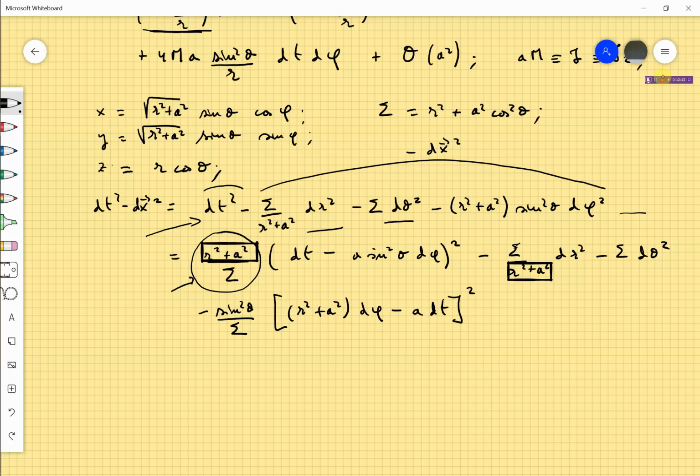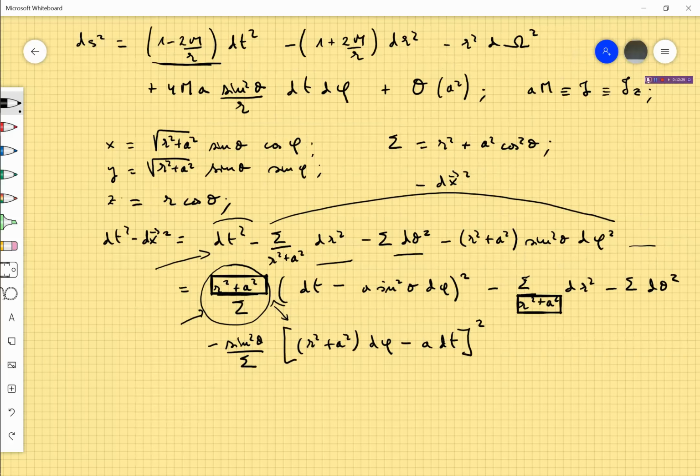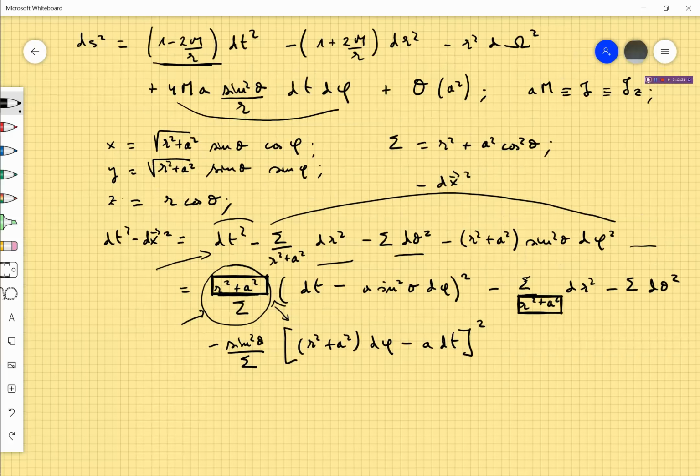The moment that this is different from r squared plus a squared, the cancellation that takes place between these two terms of the crossed dt d phi term will not happen anymore, and you should get something of this kind, at least asymptotically.